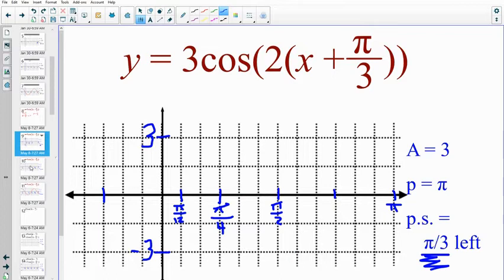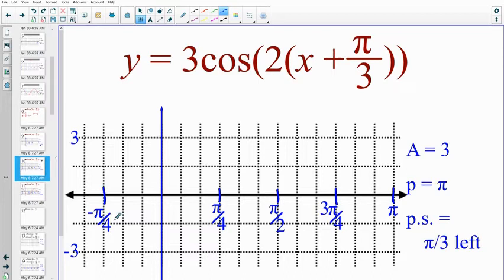And so I'm going to move back over here and we can get this thing laid out. Pi over 3, I just determined, is 4 of my grid lines. And so I'm going to take this pi over 3. I've got a positive cosine graph. I'm going to take that point that was normally up at the top, and I'm going to move it over 1, 2, 3, 4 of these grid lines. That's what my pi over 3 looks like.